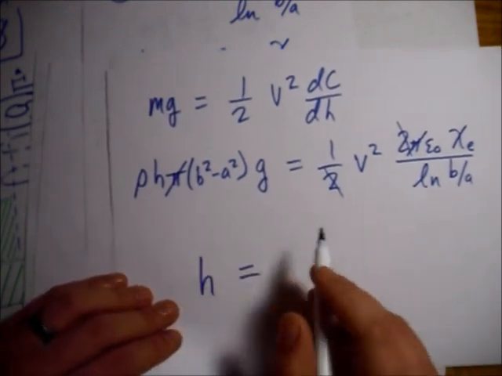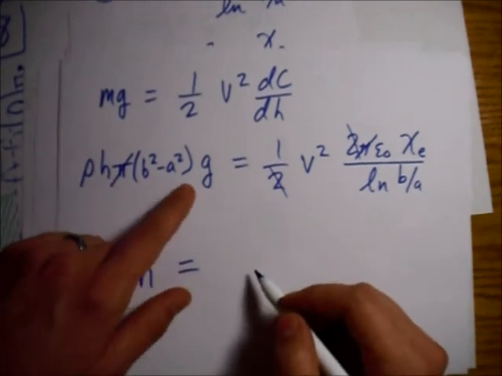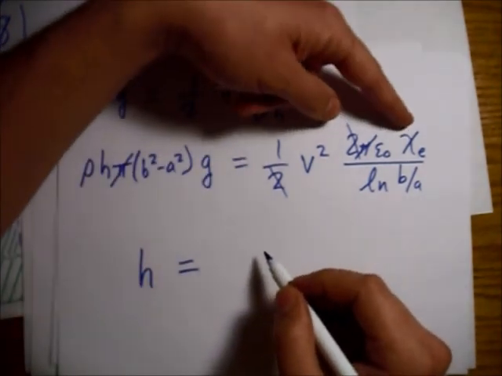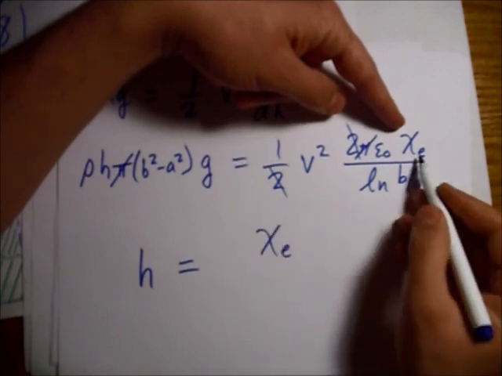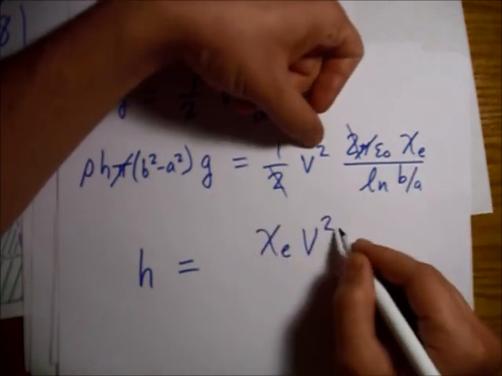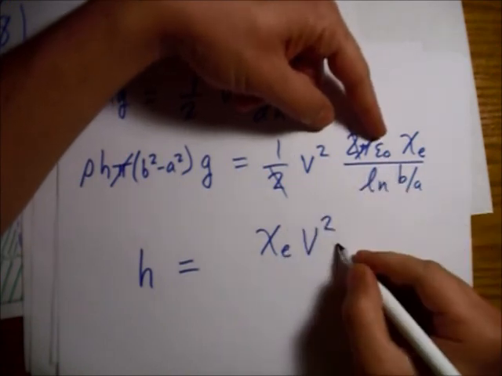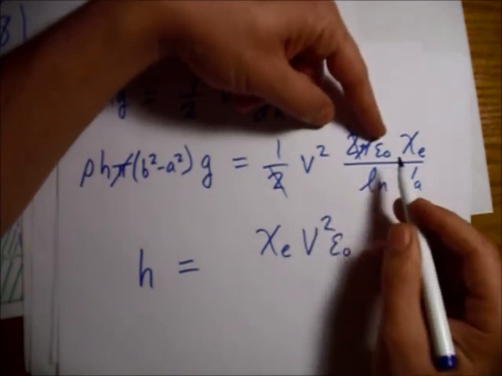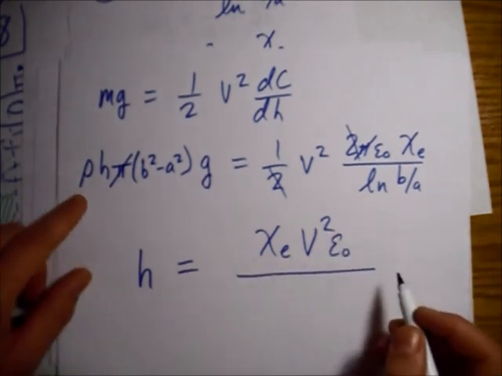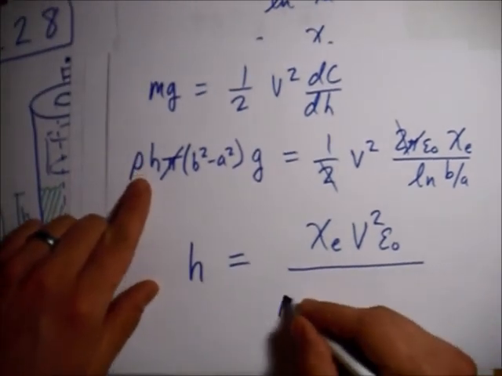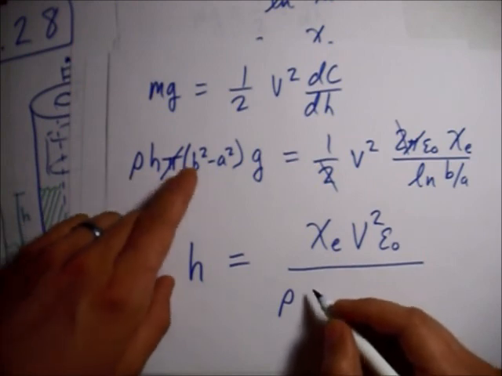Final answer coming up. H. What do we have left up here? We have electric susceptibility from right here. We have our v squared from right here, and we have our permittivity of free space right here. And now we just have this natural log on the bottom, and these constants. So rho is left.